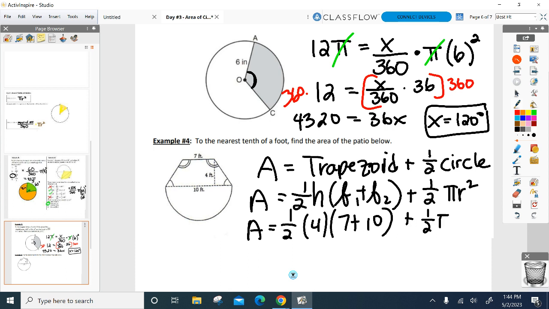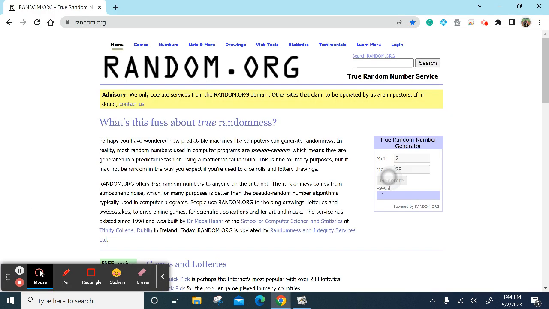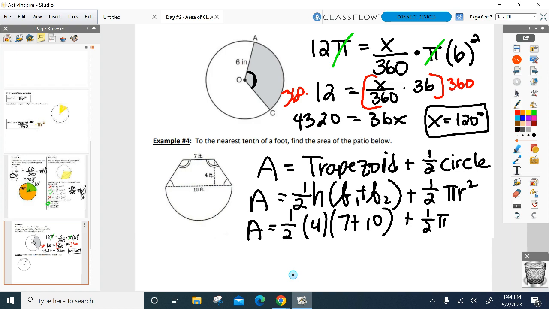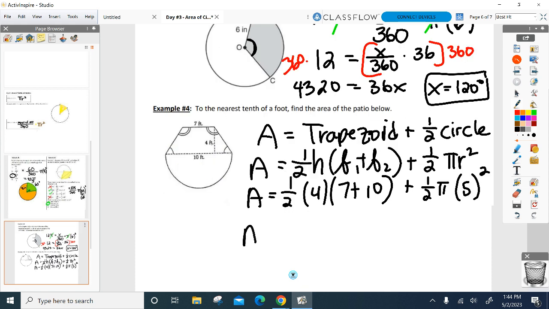Plus one half pi. How about the radius of this circle? 9. Thank you, which would be? Great save right there. And lucky for everybody, round to the nearest tenth of a foot. Make sure you hit your pi button on this one.